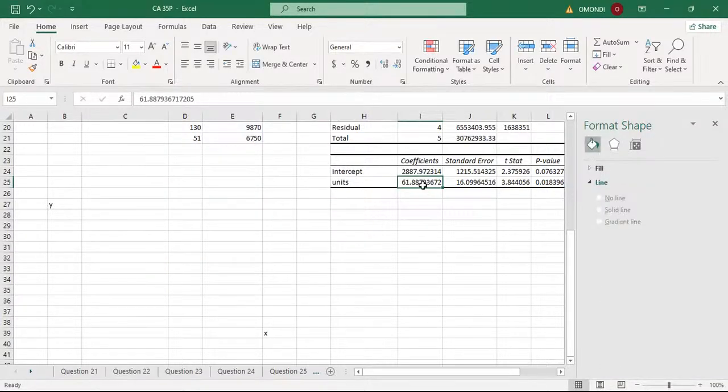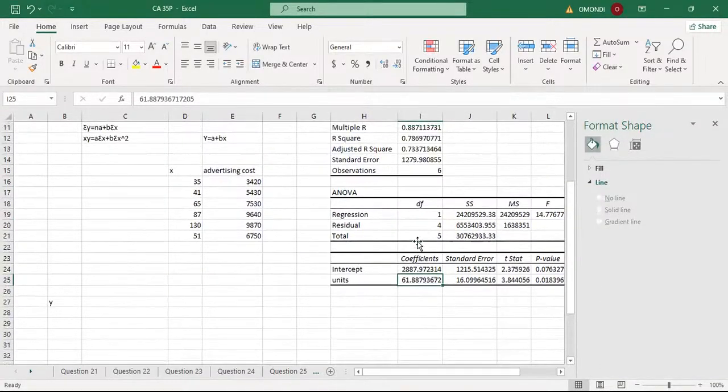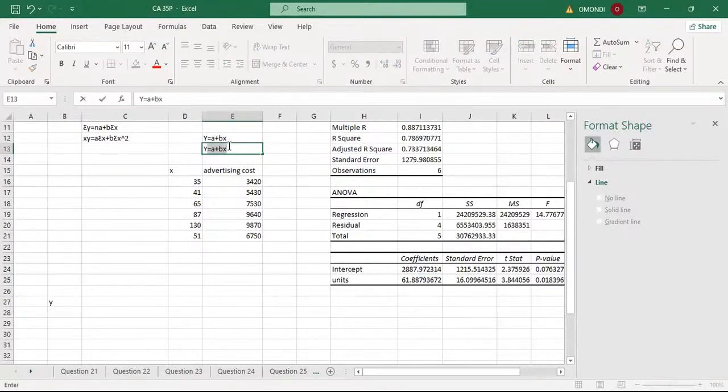Let's now get to this. I think we've now understood what I am explaining. So our equation which we are looking for is y equal to a. What is the value of a? 2887.97, then plus b. What is the value of b? 61.887x.